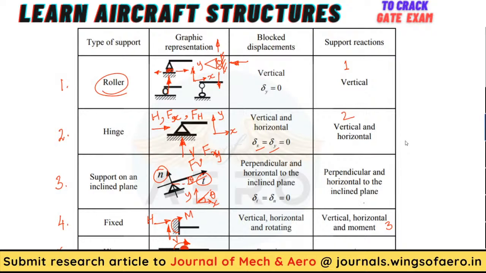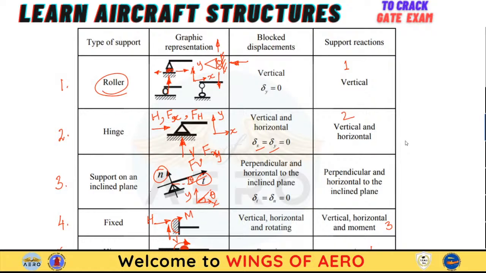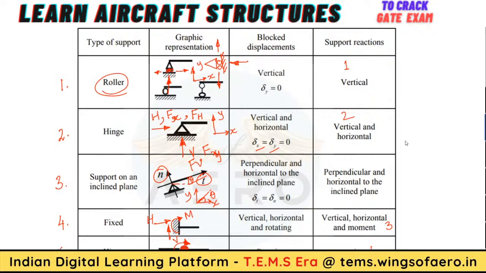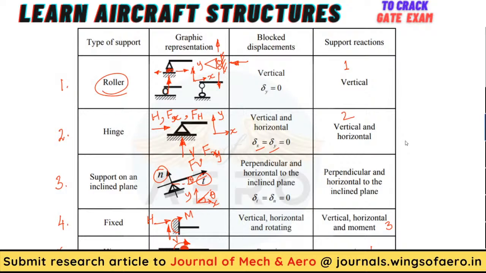Based on the graphical representation, you have to see. This is the last point, which is in between the two beams or two frames. We will see how beams, frames, and trusses are different from each other and how they react.